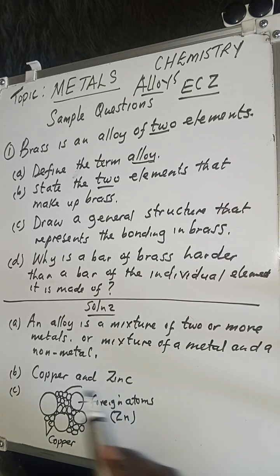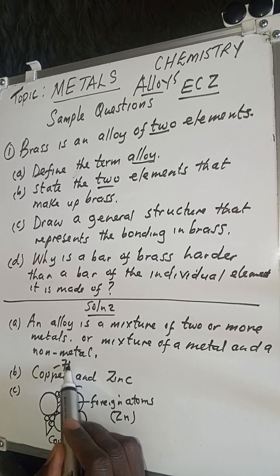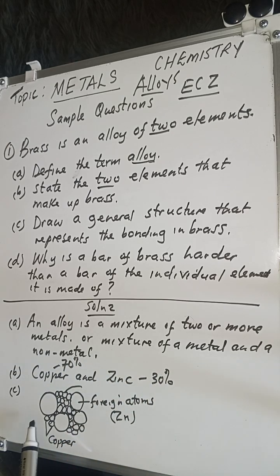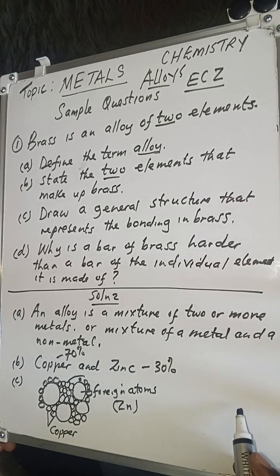Normally when they're making brass, copper is about 70% and zinc is only about 30%. Therefore, you need to make sure that the atoms representing copper are a lot more compared to those representing zinc, which I'm simply saying are foreign atoms.